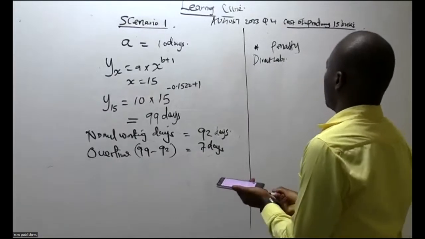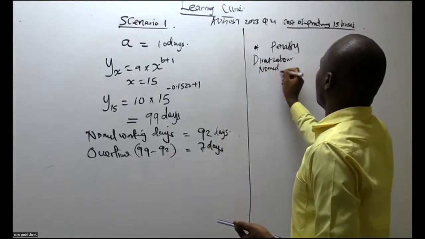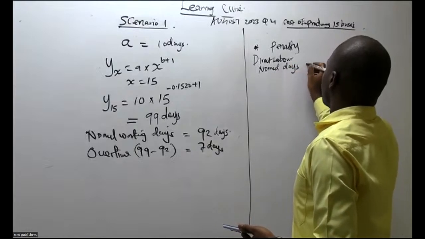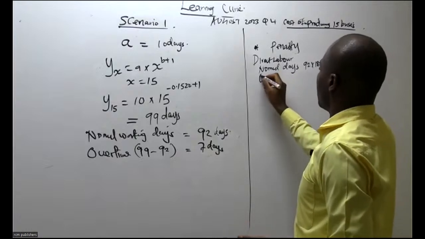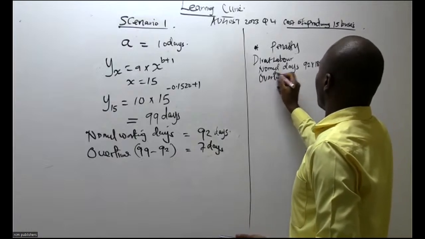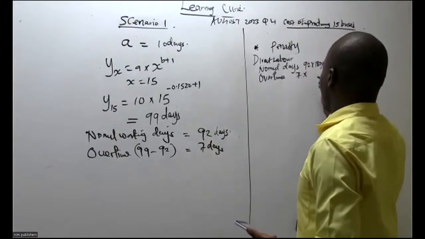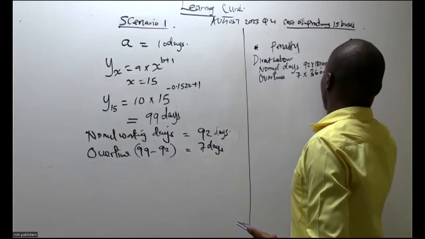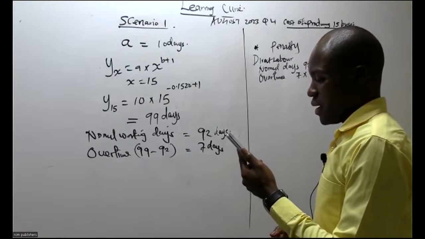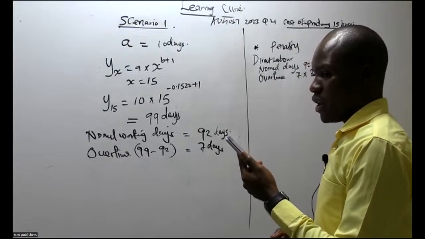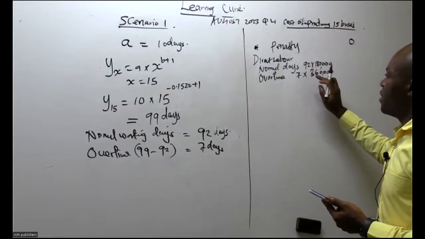Let me put it here, direct labor. Normal days, we are told, is 92. Overtime is 7 days. We multiply by 360,000. So have we been able to get the figures? 92 by 180, then 7 by 360.